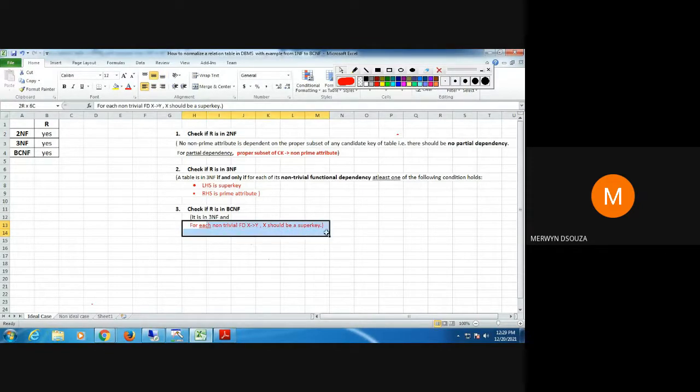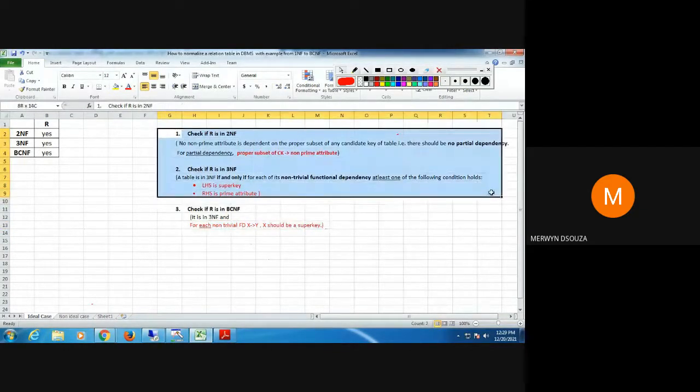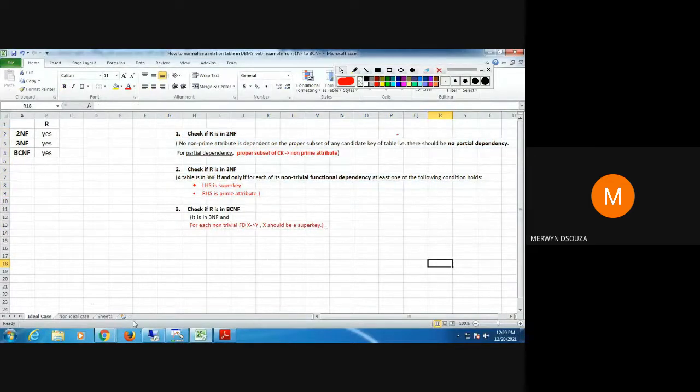We will take advantage of this condition. If the functional dependencies are given and we can prove that X is a super key for every functional dependency of R, then we will claim directly that R is in BCNF. We're not going to check the other two conditions. That's why I'm calling it a BCNF cheat, but it's the definition itself.